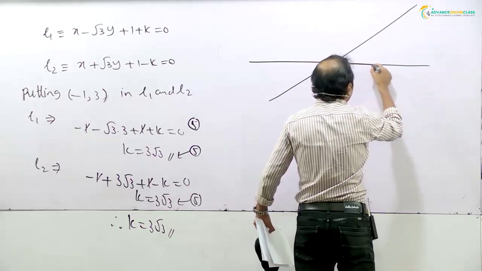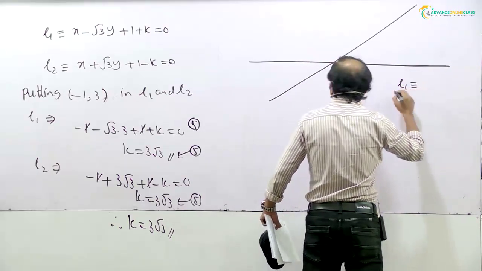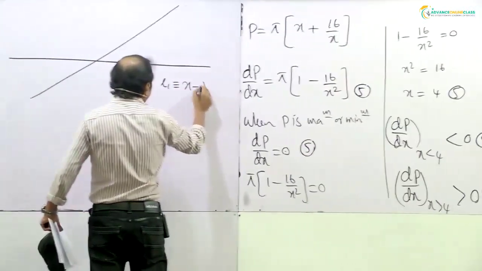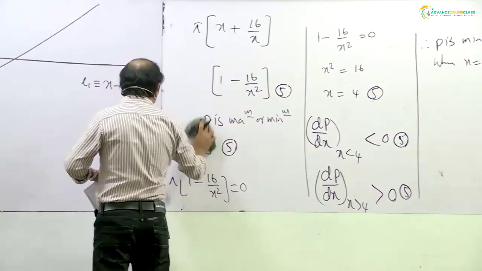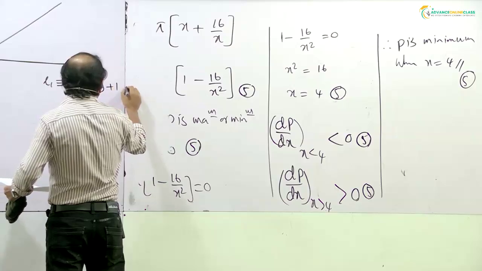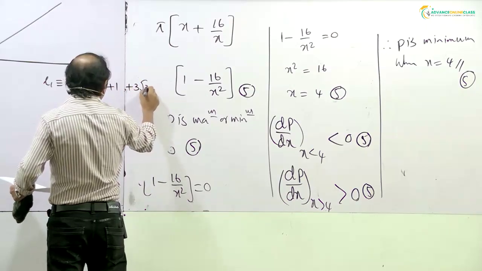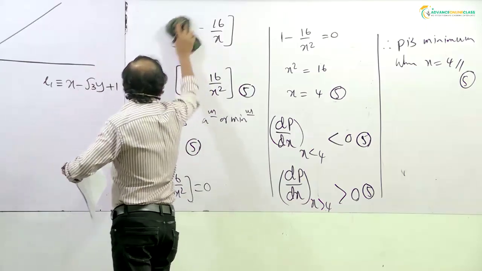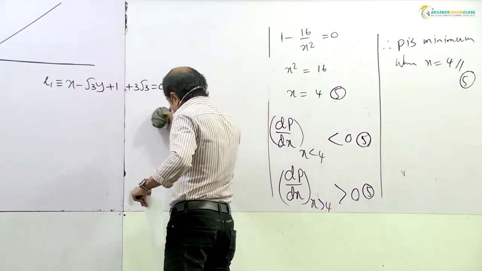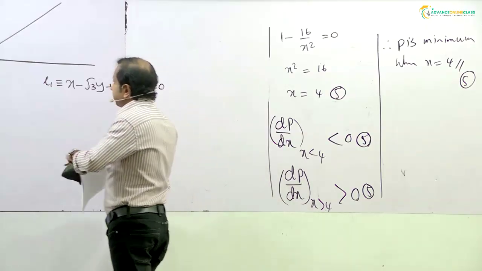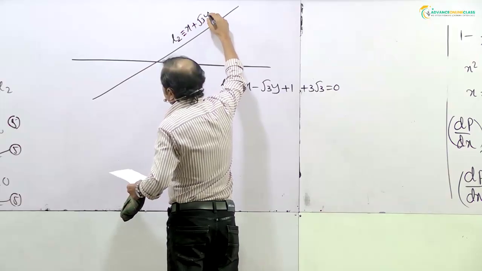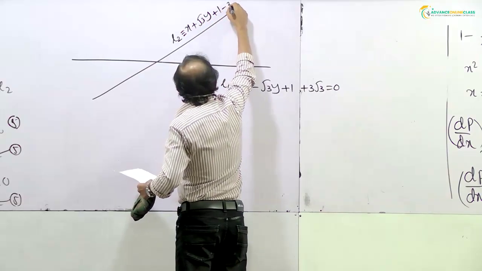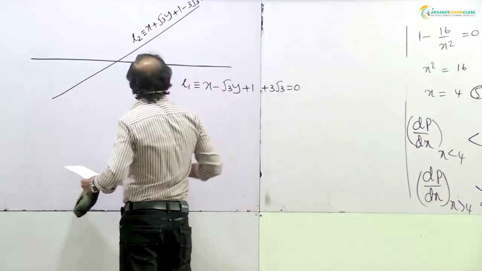I take this as my line L1: x minus root 3y plus 1 plus, now k is 3 root 3, equals 0. L2 here: x plus root 3y plus 1 minus 3 root 3, equals 0.